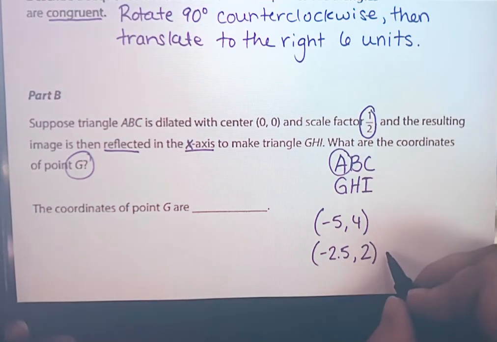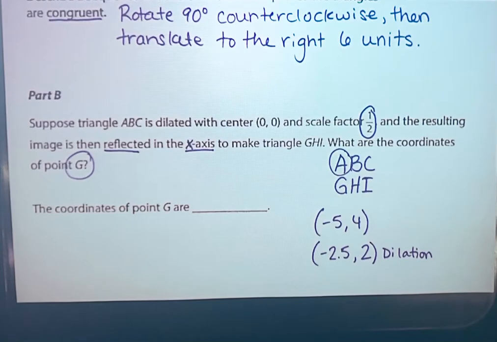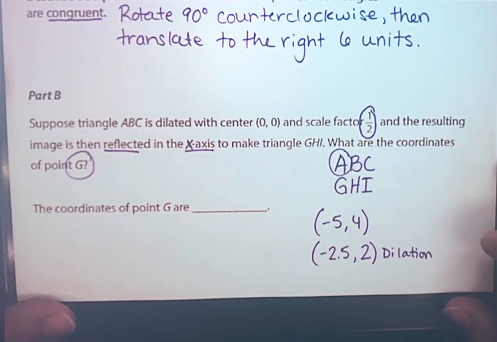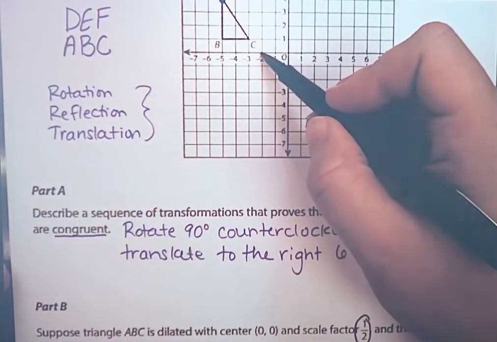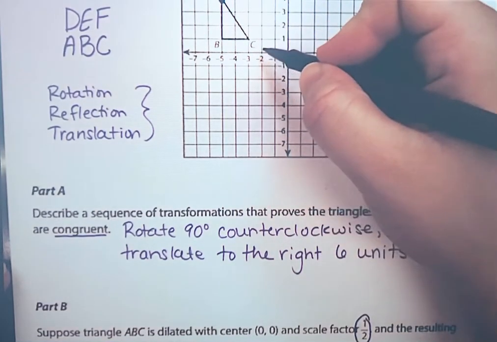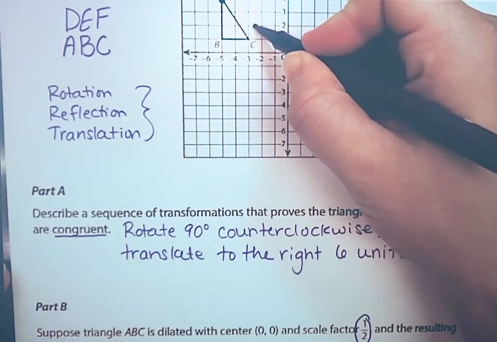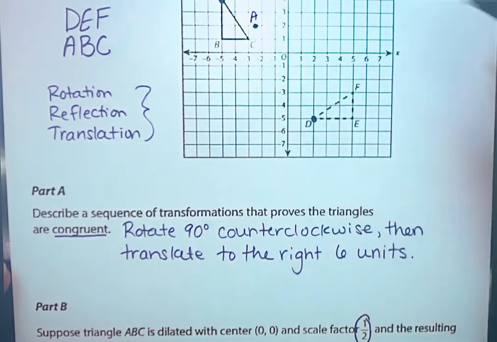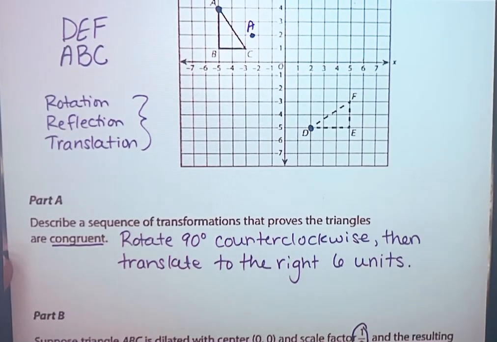So this is after the dilation, and we have one more step, and that's to reflect it across the x-axis. So, go back up, pay attention to this coordinate, -2.5, comma, +2. I'm going to graph that, -2.5, comma, +2 right here. And they say we're reflecting it across the x-axis.